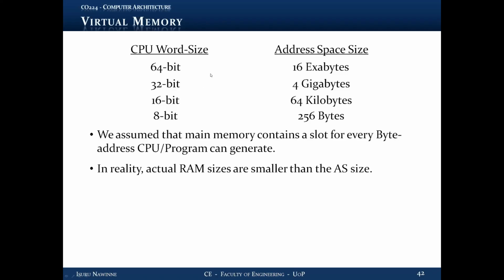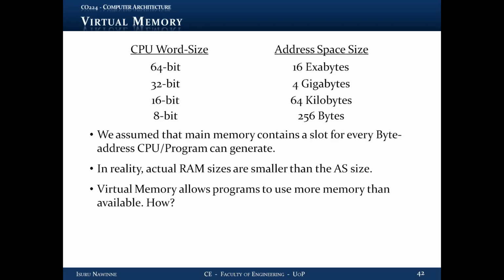Currently 64-bit is the mainstream CPU word size, and the amount of RAM that we see in computers, even in supercomputers, is much, much smaller than the address space size.